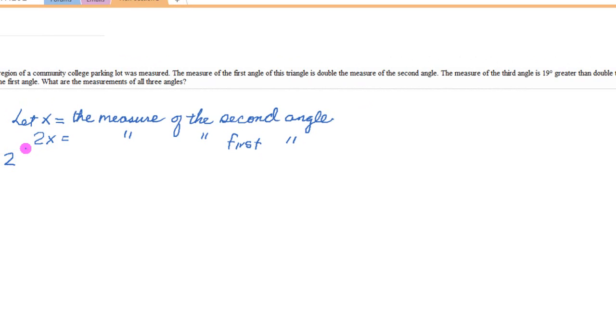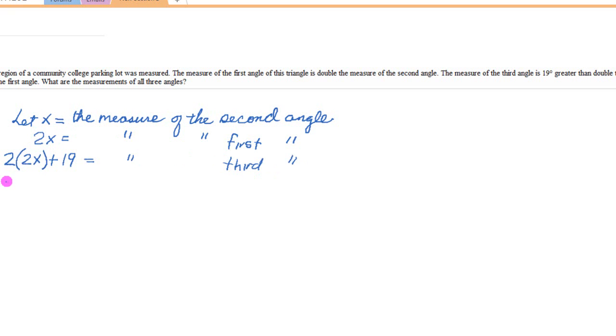So 2 times 2x, and then plus 19 because it's 19 degrees greater. And that's going to give you the measure of the third angle. So now you have expressions for all three angles, and they each involve just the variable x.